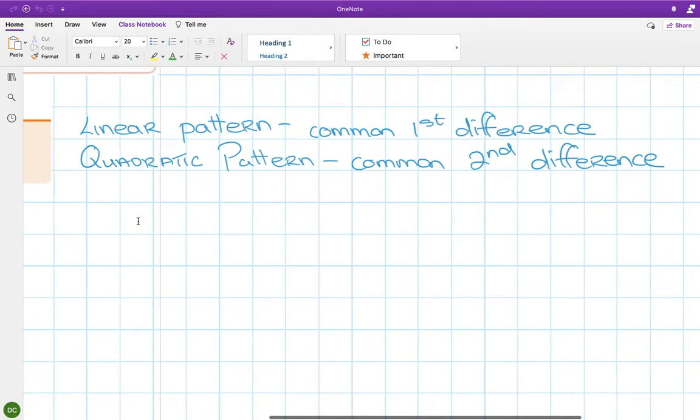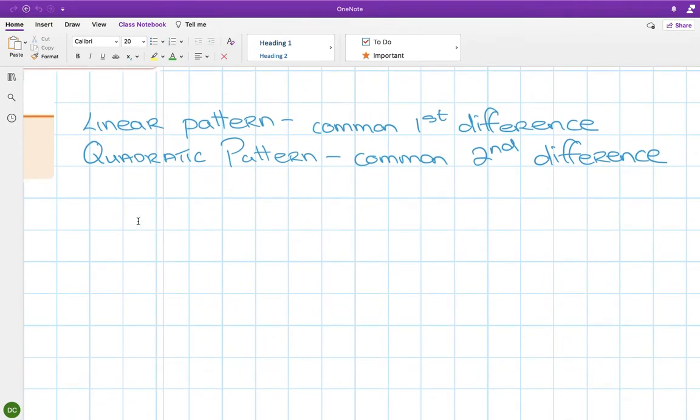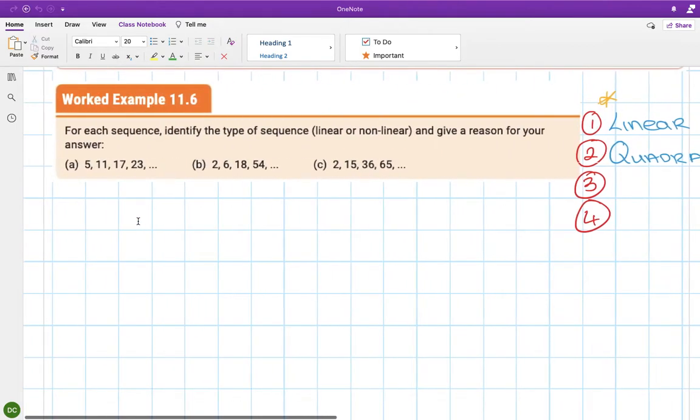Yeah? Okay, so that's what we know so far. I am going to teach you 2 more. So that's the first one, the second one, there will be a third one and a fourth one, just not today. Okay? So let's hope the third and the fourth don't pop up in this example.